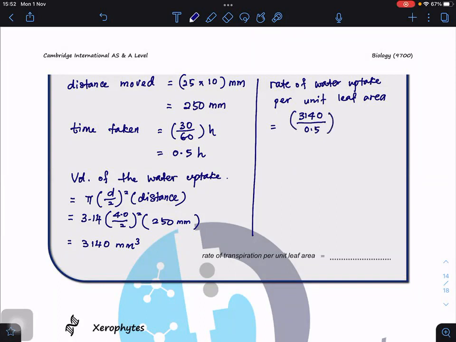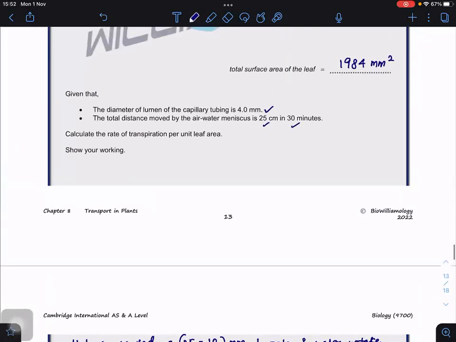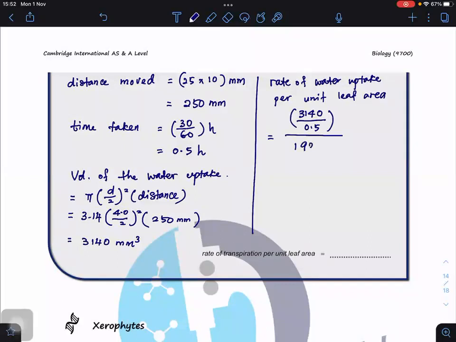This is the rate of water uptake, divided by the leaf area. The leaf area just now we have is 1984. So 3140 divided by 0.5 and divided by 1984. To 3 significant figures, 3.17. Now the question here is, what is the unit?